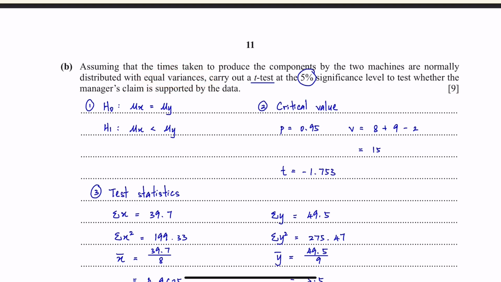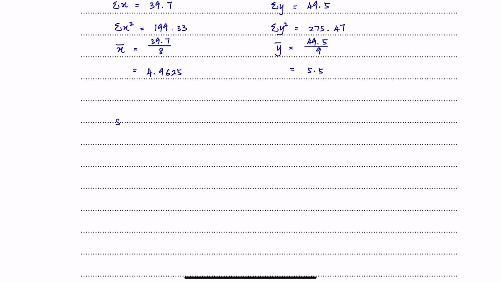The formula for pooled variance would be the sum of x squared minus the square of the sum of x divided by the number of samples of x, plus the sum of y squared minus the square of the sum of y over the number of samples for y, over the number of samples of x plus the number of samples of y minus 2.